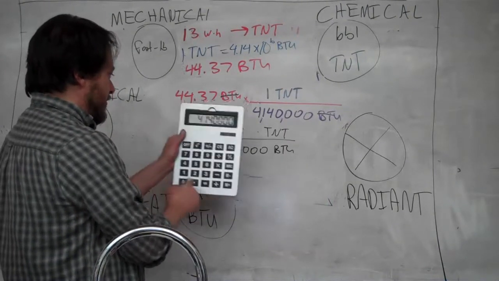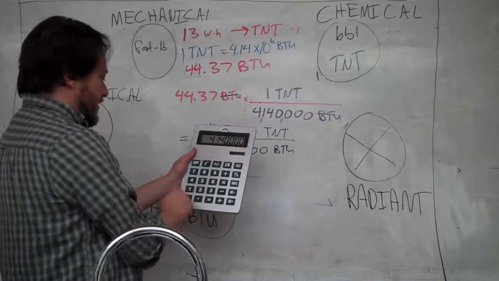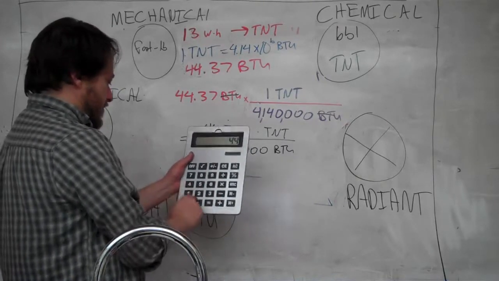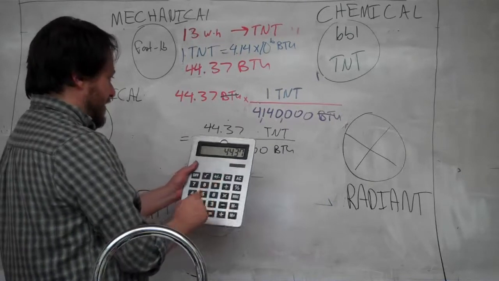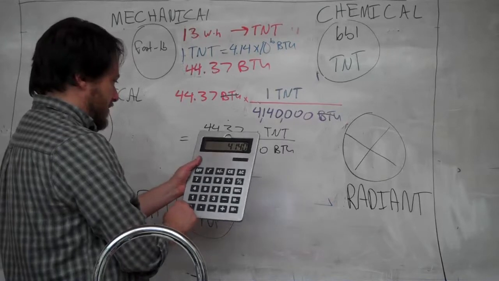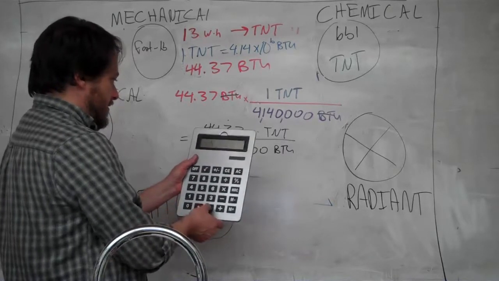Oh no, I did that wrong. 44.37 divided by 4,140,000.